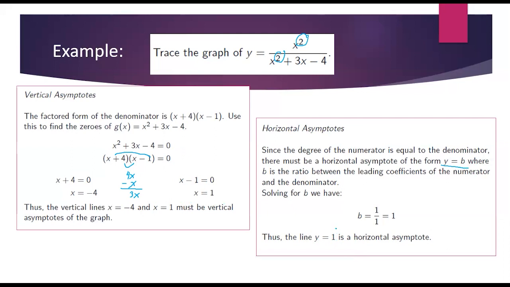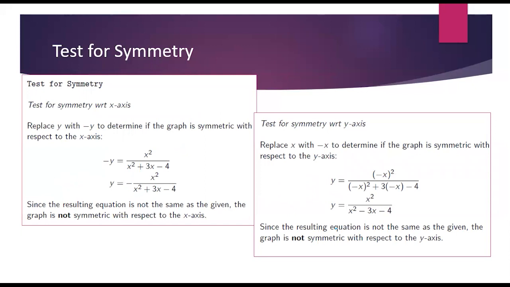You take note of the vertical asymptotes and the horizontal asymptote. How about the test for symmetry? First, the test for symmetry with respect to the x-axis. I will write the original equation: y is equal to x squared over x squared plus 3x minus 4. If we want to check the symmetry with respect to the x-axis, you replace y with negative y.